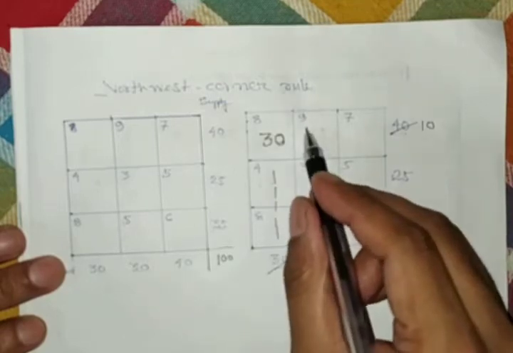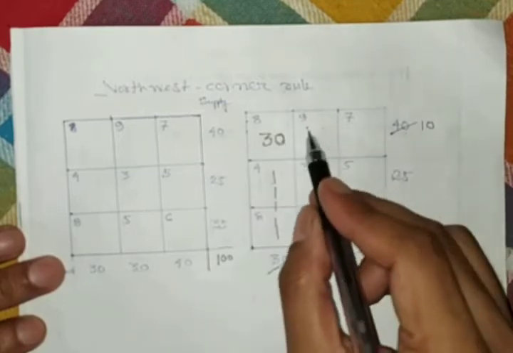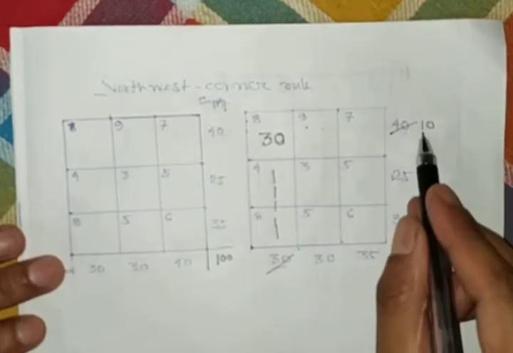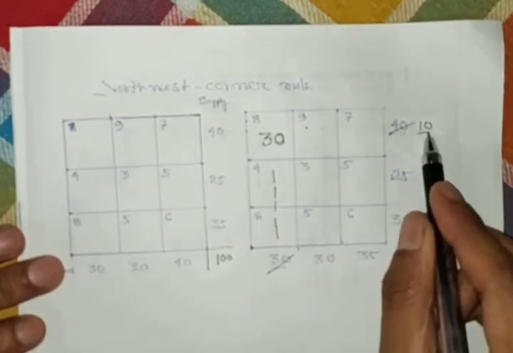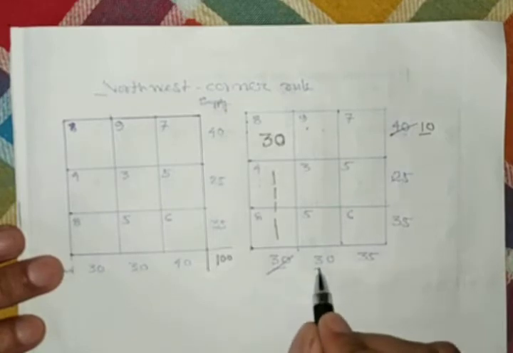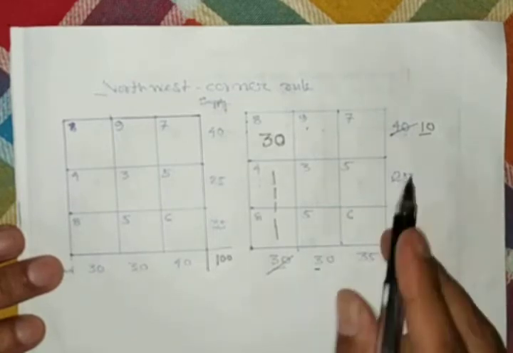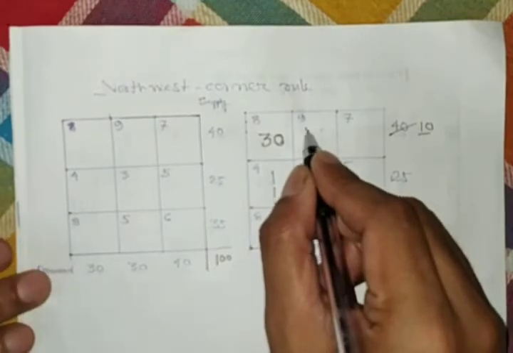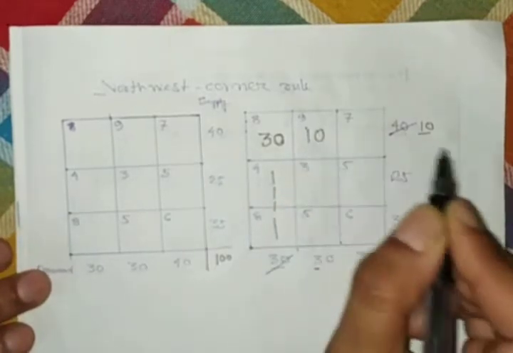So I put the remaining 10 here. Why am I putting 10? The supply is 10 and demand is 30, so you have to take the minimum. So I put 10 in this corner.